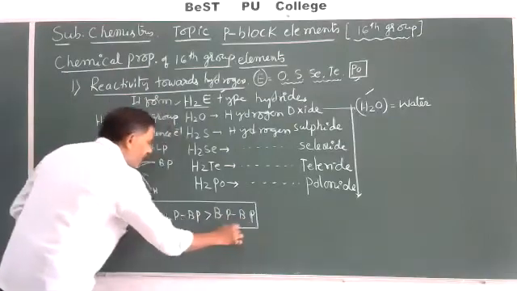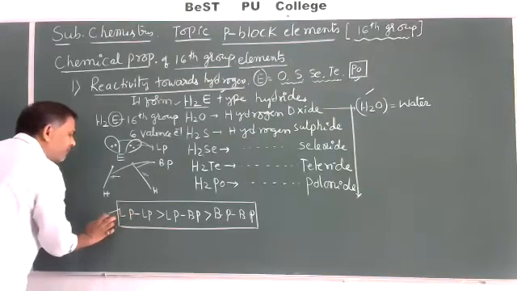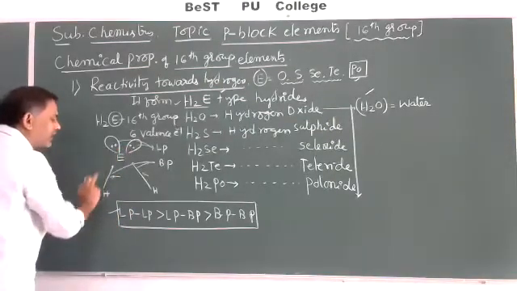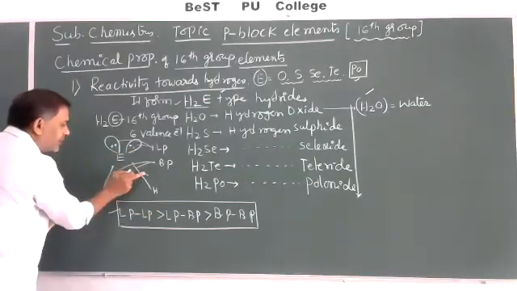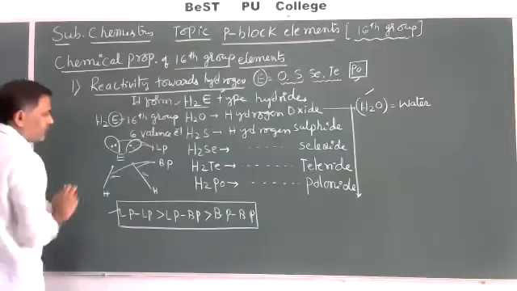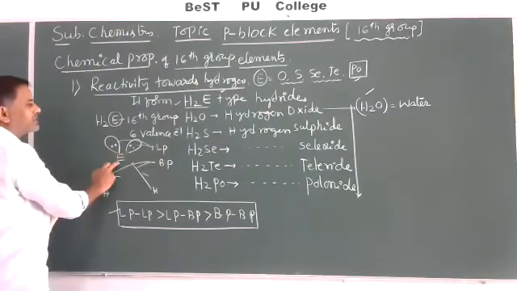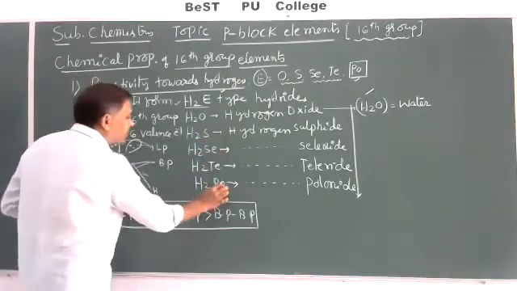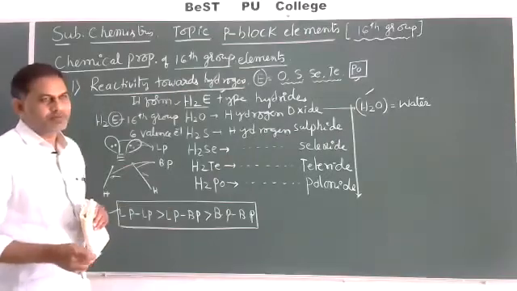Based on valence shell electron pair repulsion theory, lone pair repulsions are more than lone pair and bond pair, compared to bond pair and bond pair. Here in this H2E type molecule, the central element, either oxygen, sulfur, selenium, tellurium or polonium, undergoes sp3 hybridization.